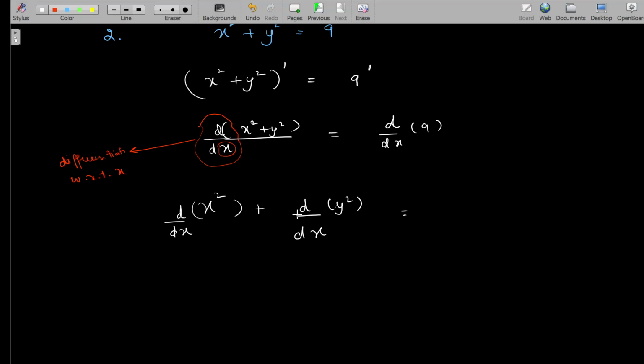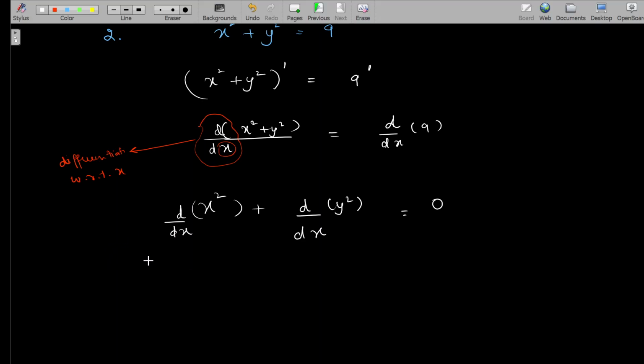Wouldn't it become 0? This is just 9 prime, like derivative of 9 with respect to x. So this is going to be 0.